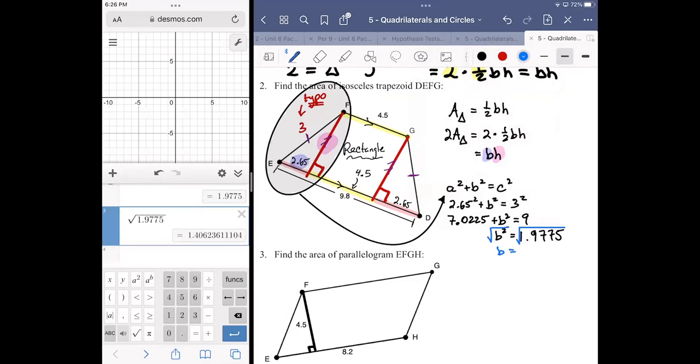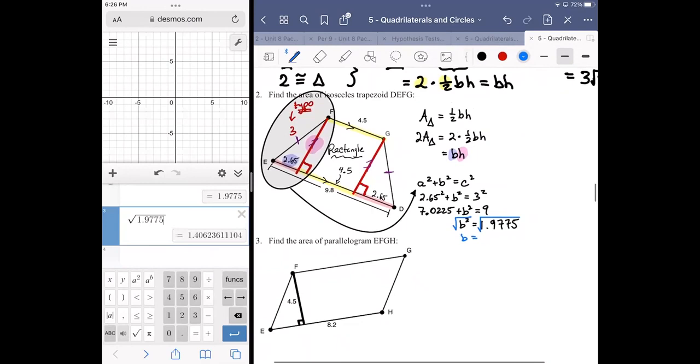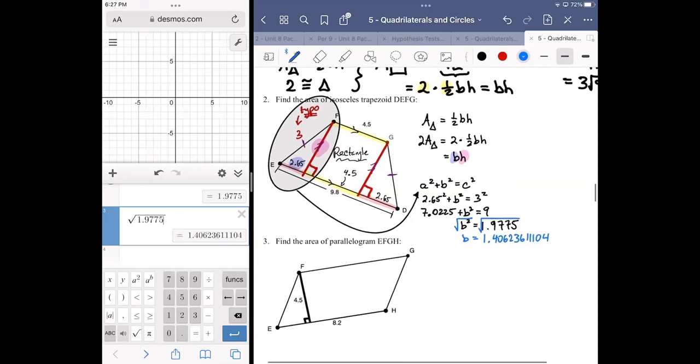And then we got this disgusting decimal here, but it's irrational, so it kind of makes sense that it would be disgusting. All right, but it's not our final answer, so I'm going to hang on to this whole decimal. 1.406236111104. All right, so now that's the measure of this height here.